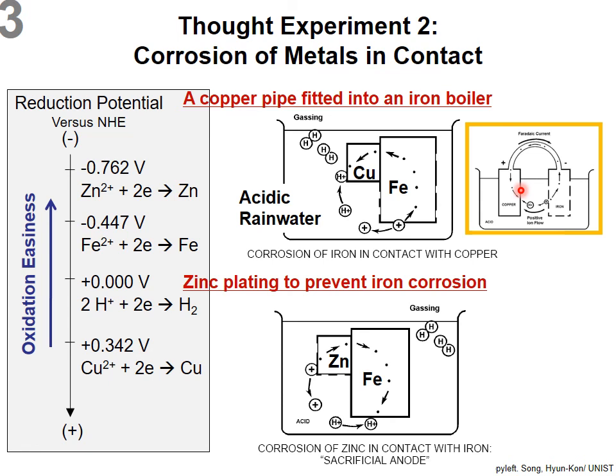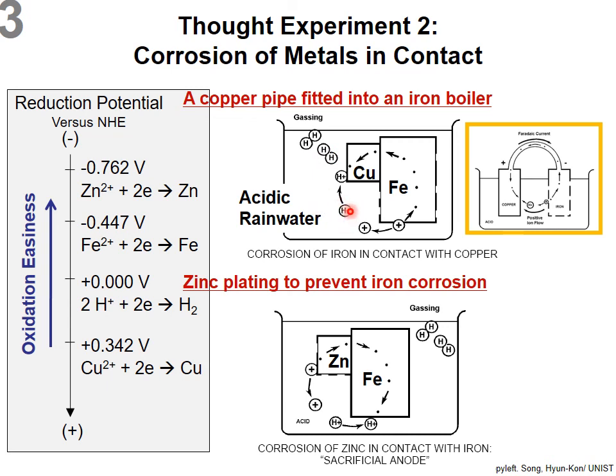Almost the same situation. The only different thing is copper and iron were connected by an additional metal wire. But in this iron boiler situation, copper is in direct contact with the Fe boiler. Therefore, the same, with acidic rainwater, like proton containing electrolyte.